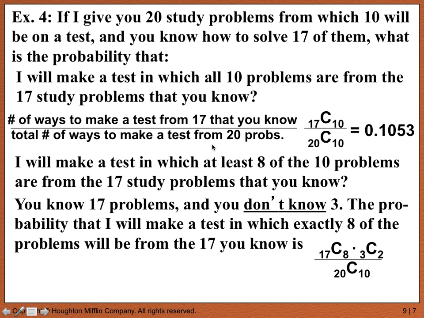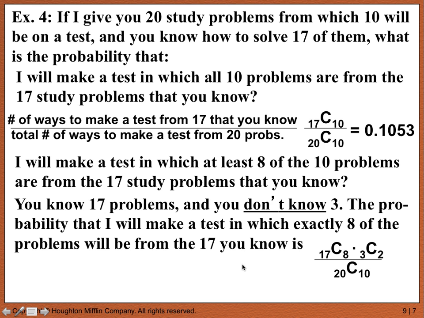The at least is important because if 8 of the 10 problems are from the 17 that I know, or if 9 of the 10, or if 10 of the 10 problems are from the 17 that I know, those possible outcomes all fit the criterion of the test taker knowing at least 8 of the 10 problems on the test.